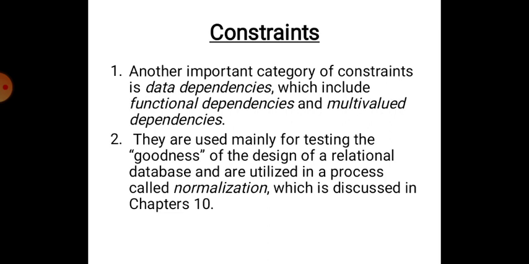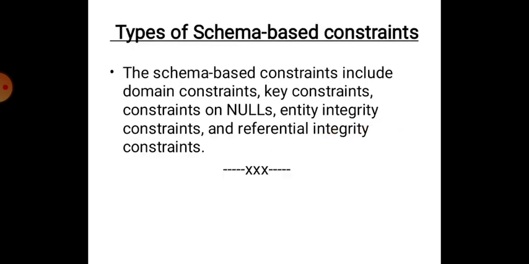The normalization chapter is chapter number 10, which we will study. The types of schema-based constraints include domain constraints, key constraints, constraints on nulls, entity integrity constraints, and referential integrity constraints. About this, we'll study in more detail.